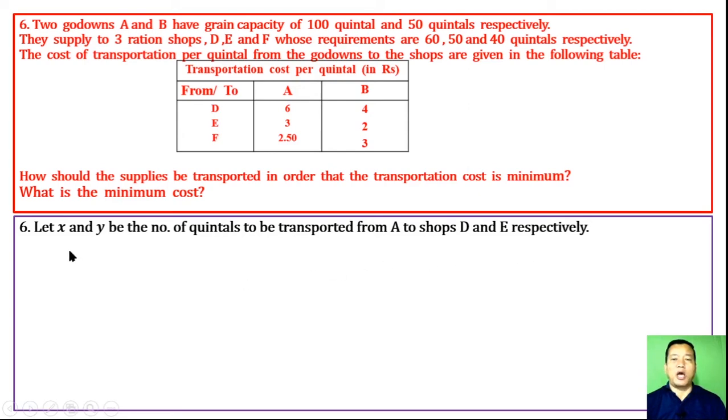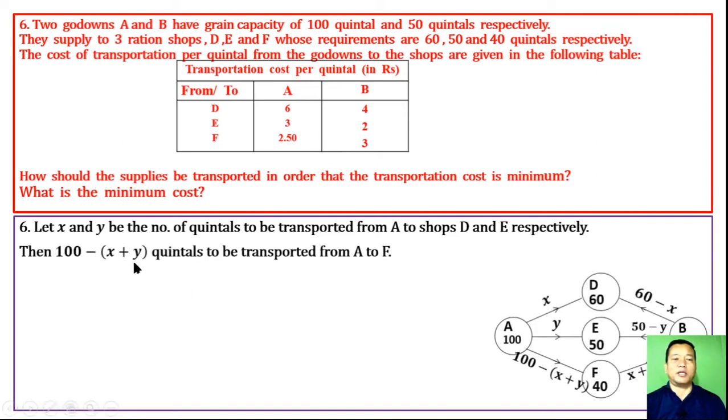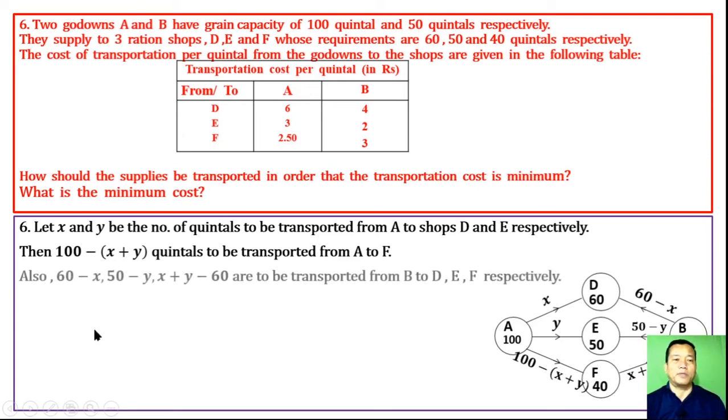Then 100 minus x plus y quintals are to be transported from godown A to the shop F. Also 60 minus x quintals are to be transported from B to D, since D needs 60 and x comes from A. Similarly, y quintals come from A to E, so 50 minus y are to be transported from B to E.